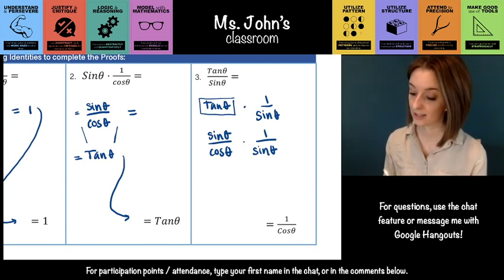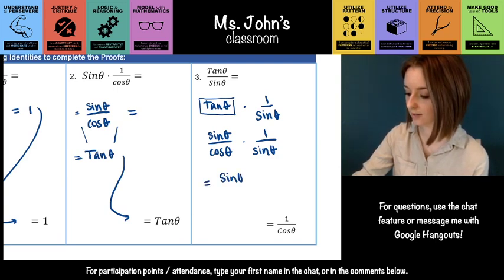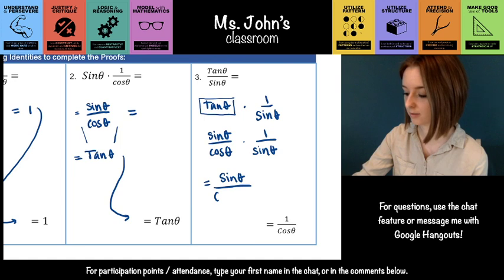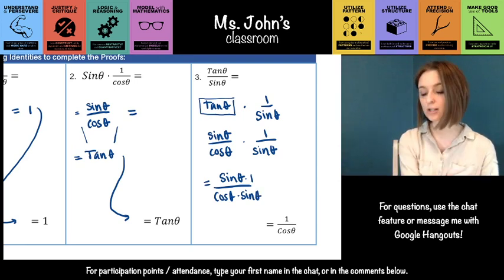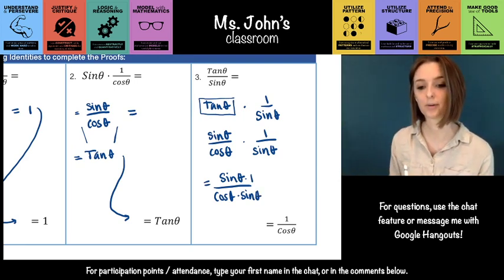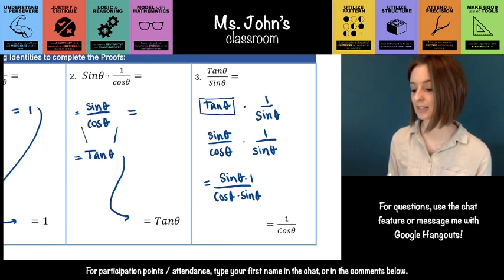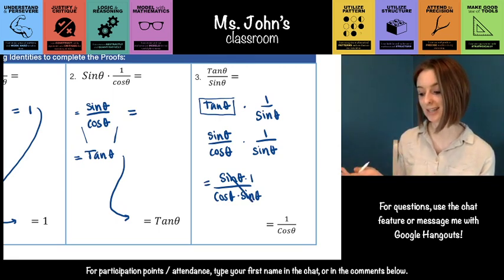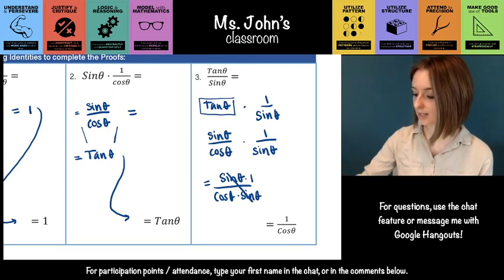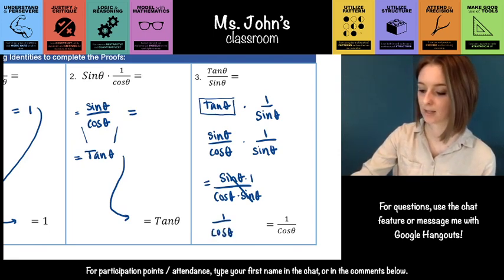And you might notice that since we're multiplying these fractions, we have sine of theta over, well, it's times 1, but we don't really care about that, cosine of theta times sine of theta on the bottom. Because when you're multiplying fractions, you just multiply across the top and across the bottom. And then we have the sine thetas that cancel, which gives us 1 over cosine of theta, which is what we were trying to get this whole time.